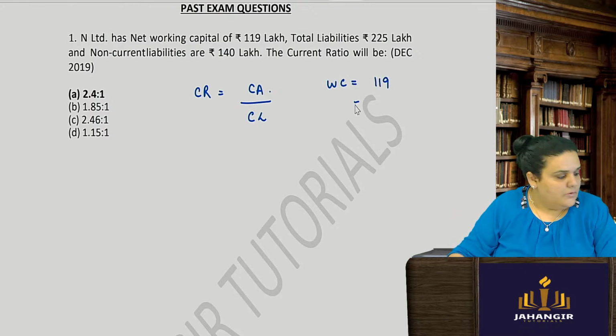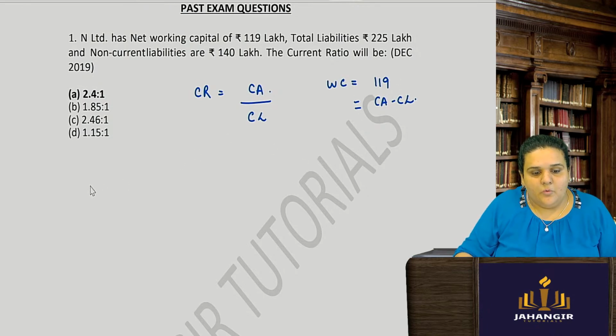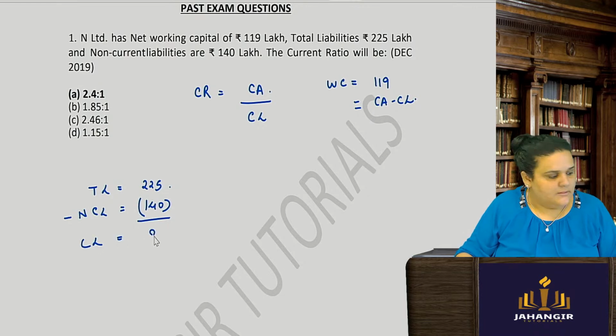Basically, working capital is nothing but current assets minus current liabilities, that is coming to 119 lakhs. Now my total liabilities is 225 lakhs. From that, if I remove my non-current liabilities, which is 140, my current liabilities will be equal to 85 lakhs.